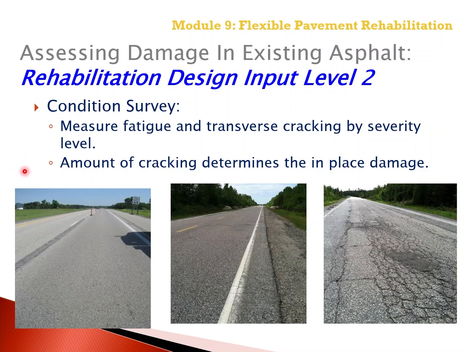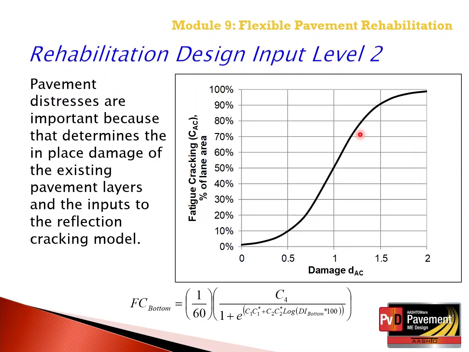The amount of cracking determines the in-place damage. The crack severity level defines the load transfer efficiency default values that were estimated through global calibration. So the length and/or area of cracks define the in-place damage. The severity of the cracks define the load transfer efficiency.